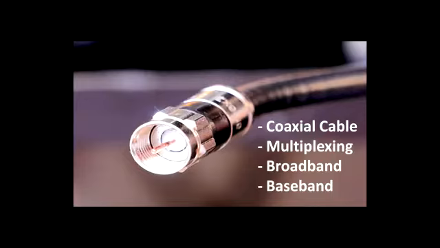Okay, so coaxial cable, you probably have seen this type of cable. In the past, this type of cable was used to connect the cable TV. That was the most popular, and for some time, it was pretty much the only way we were able to get cable television.